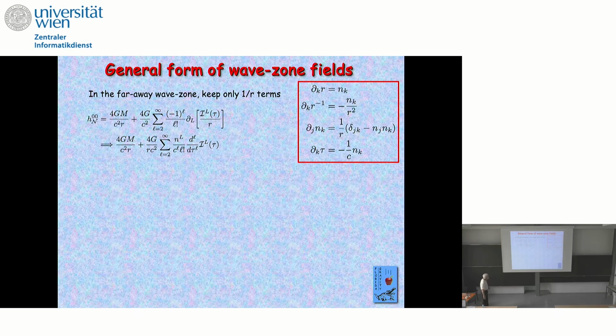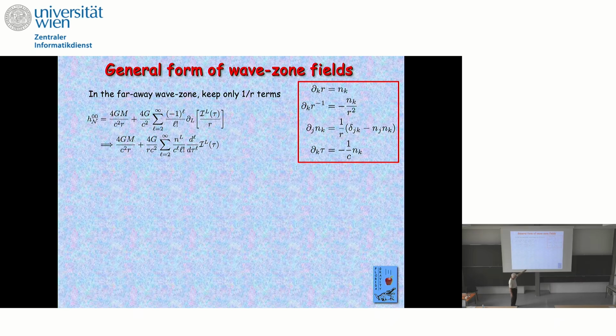So just to summarize this general structure, here we make use of a bunch of useful identities, just products of the distance r and the unit vector in the radial direction. So the gradient of the distance is equal to a unit vector, gradient of 1 over r is this, and so on. So there are lots of products and derivatives of things that are useful.